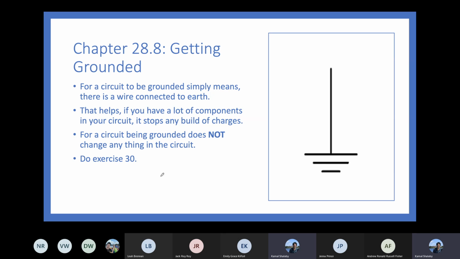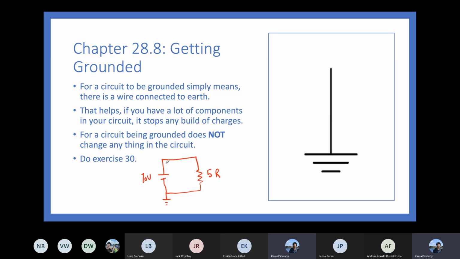So let's say you have a battery and you have a resistor, and they are grounded. Say this is 10 volts, this is 5R. Everything is as normal.